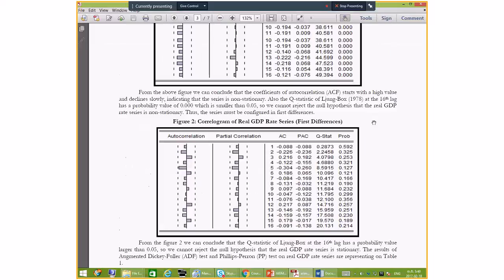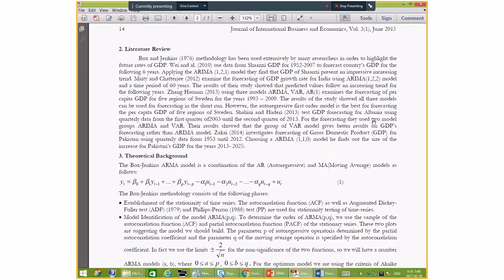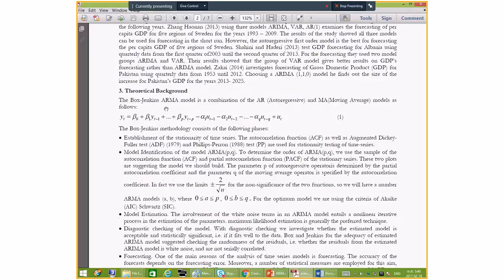Right, now you can understand how to use the Box-Jenkins methodology for forecasting purposes.